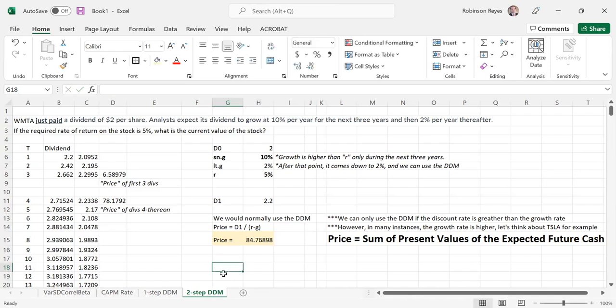Let me make it more clear. So we have this formula. We cannot use it because D1, D2, D3 are growing at this growth rate that is greater than the discount rate. But let's assume we now change it to D4. Now the only change we have to make here is now we would get the price at time period 3 instead of the price today. That is an important distinction.